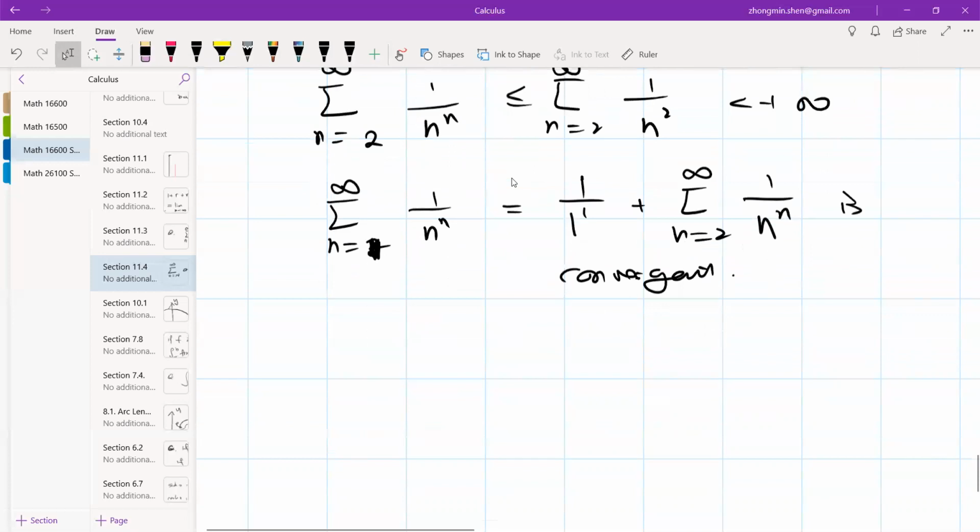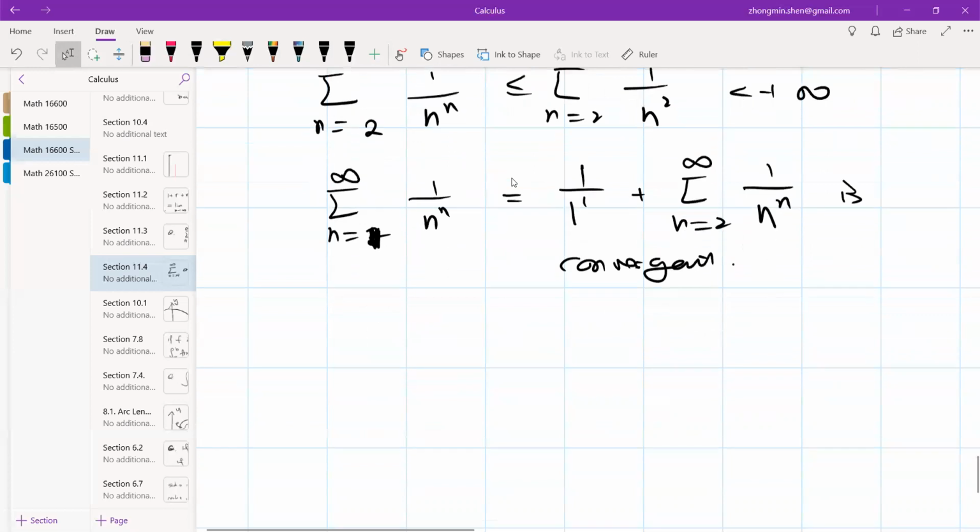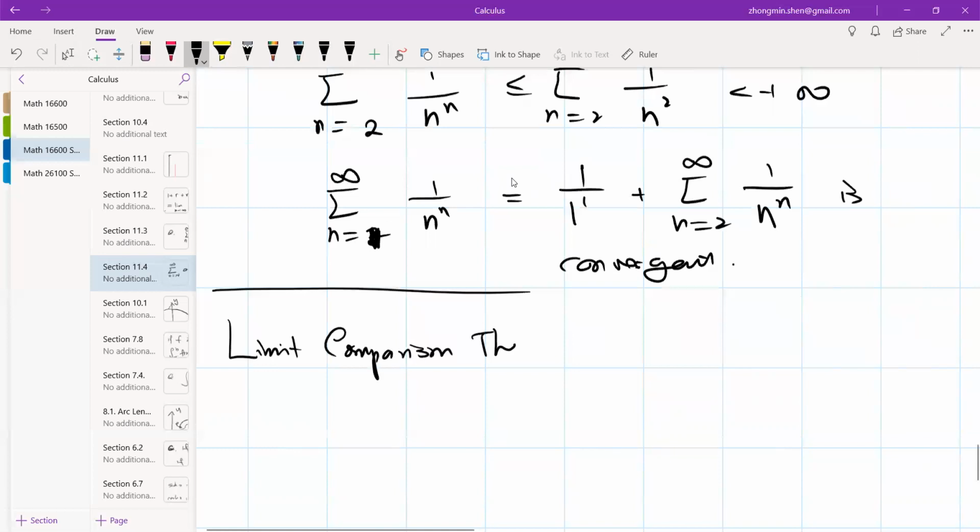Since it's hard to do the estimate, there's another way to check the convergence. Here's the point: it's called the limit comparison test.